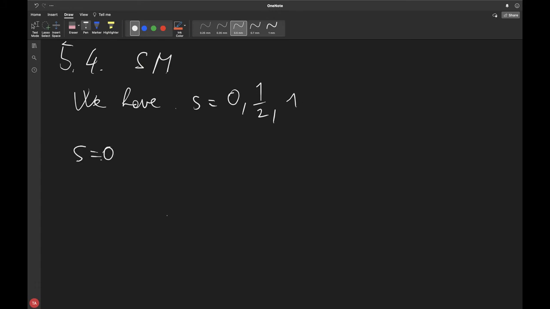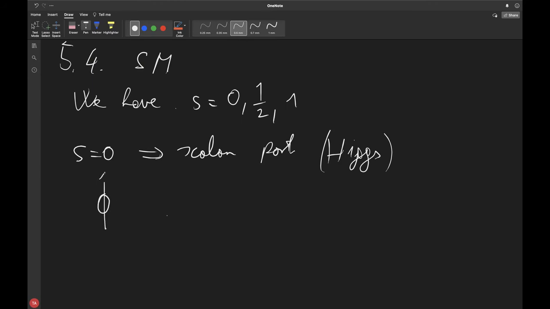If the spin is 0, we call that a scalar particle. And the example for that is the Higgs boson. Actually, this is the only scalar particle in the standard model. We described this in the second section of the last video. And so this is described by phi, and of course an operator.